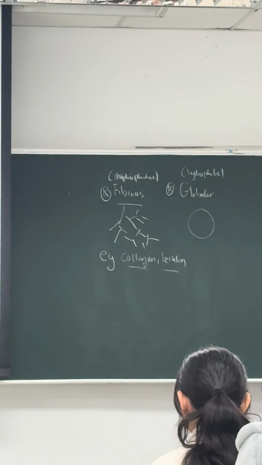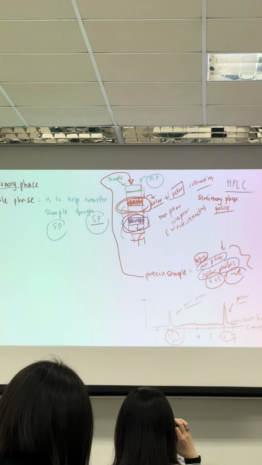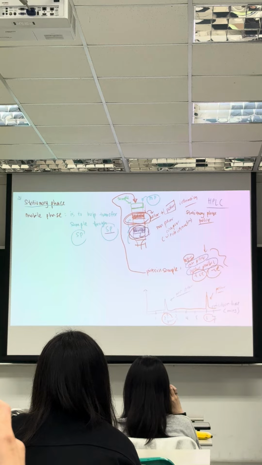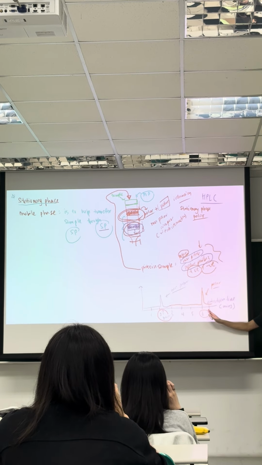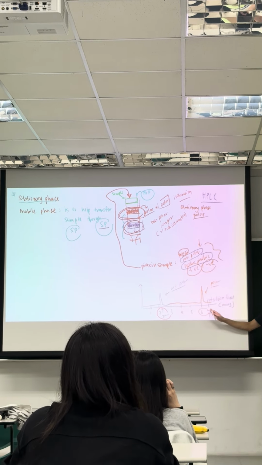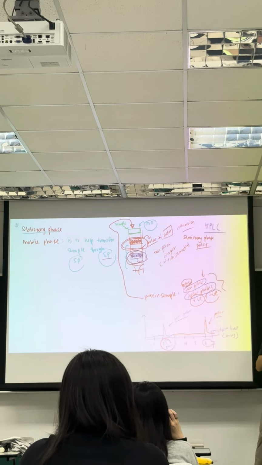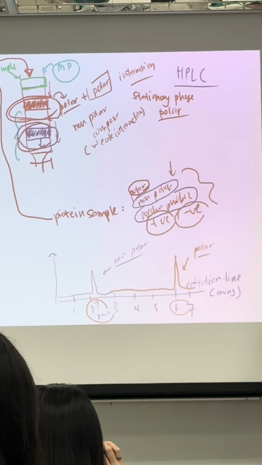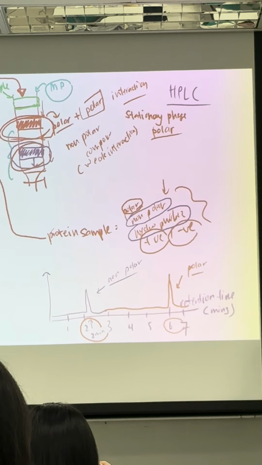The last question is the separation process. I will give you the graph, and you need to justify which graph corresponds to the types of protein characteristics. So which one do you need to check? The stationary phase, whether it is polar or non-polar.